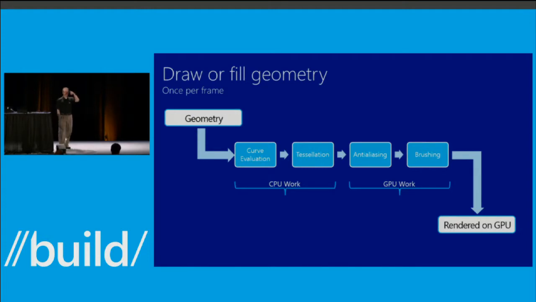You have a curve, and we piecewise tessellate that into something that looks smooth to your eye, but that the GPU sees as piecewise continuous, because it knows how to render straight lines but not curves. Then we tessellate that into a form we can render, and push that to the GPU, where the anti-aliasing and the brushing or filling occurs, and you get rendered geometry.